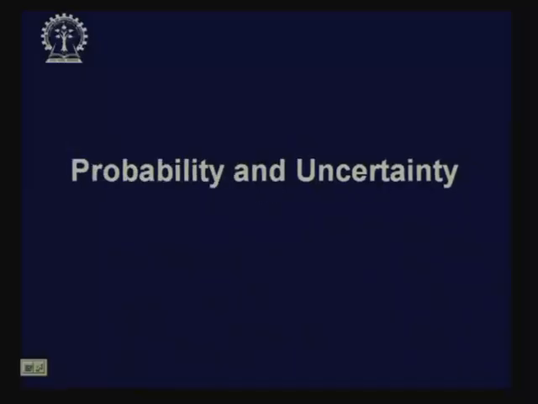However, before going towards probabilistic reasoning, we will be discussing today probability and uncertainty, but before going into that, we will have a relook at the issue of uncertainty in decision making proper.